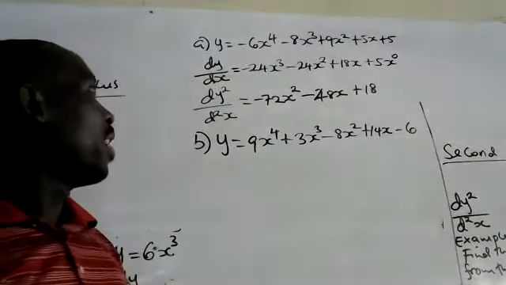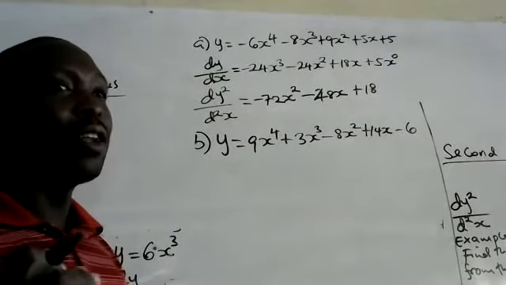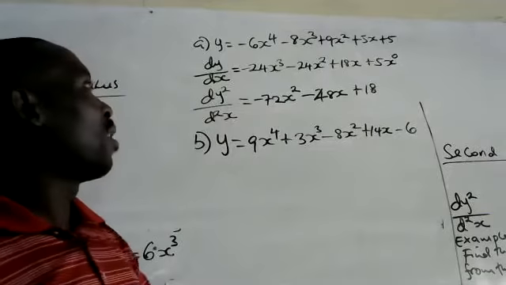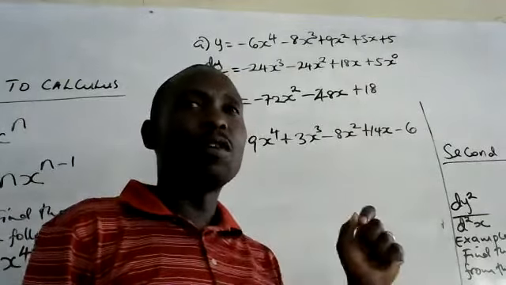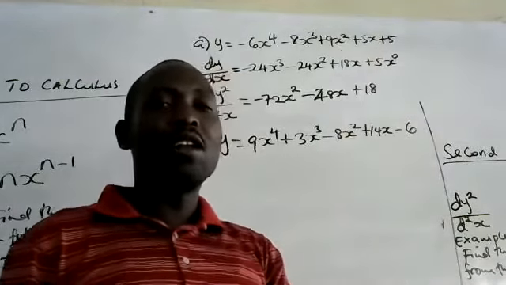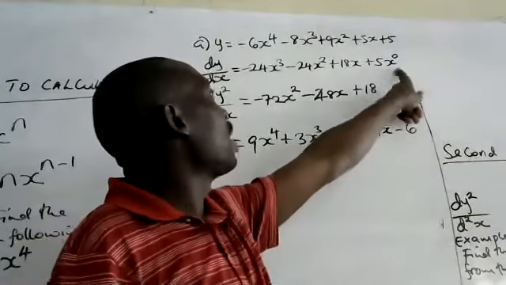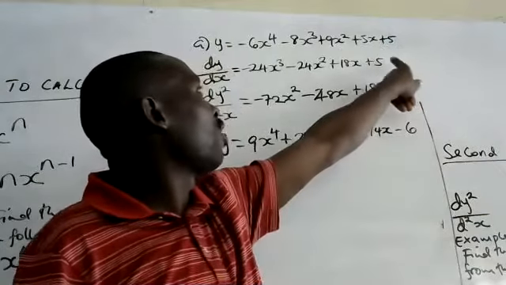Just know that any number that does not have x is actually having x raised to power 0. And because x raised to power 0 is 1, that x power 0 was not indicated there. 1 times 5 is simply 5. So it is not written.